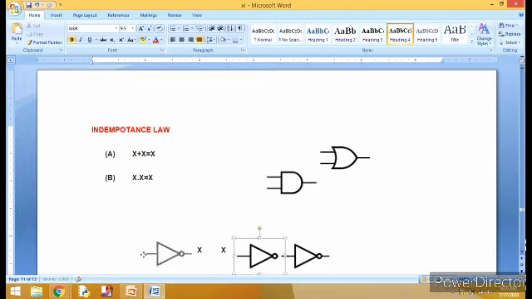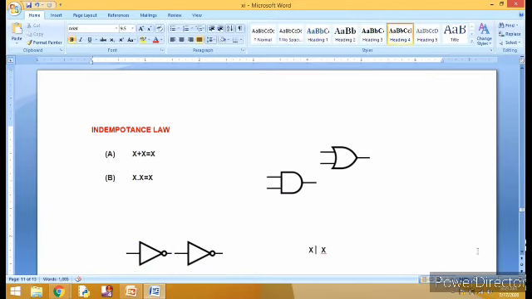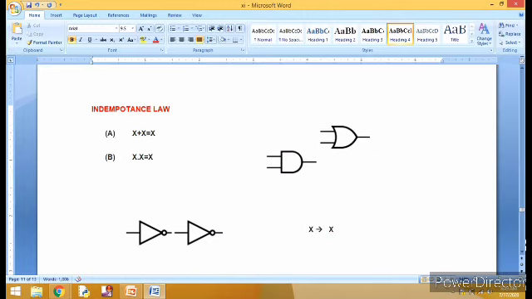That means if X is given, then you will get the output as X. What's the reason behind this? Let me show you. Here the input is X. When it is passed to the NOT gate, what will you get? X dash.